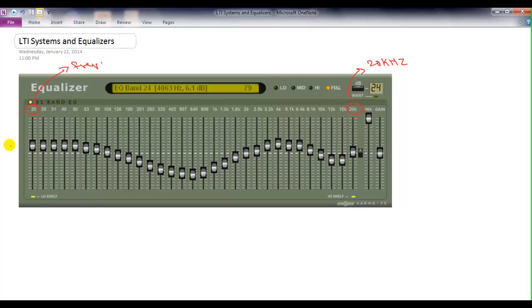If you have your knob at the center, you are saying leave that frequency unchanged. If you take it above 0, so these gains are typically in decibels, okay? If you take them above 0 decibel, which is more than 1 in absolute value, you are saying this equalizer is scaling up these frequencies. This is saying, I want you to increase the magnitude of these frequencies. Okay, equalizers don't do well in terms of phases.